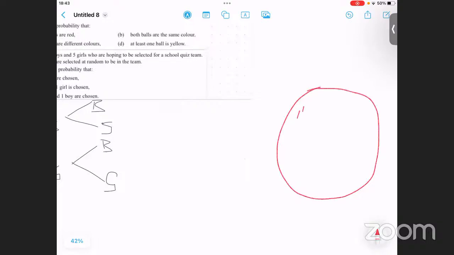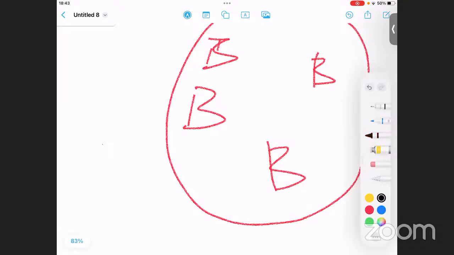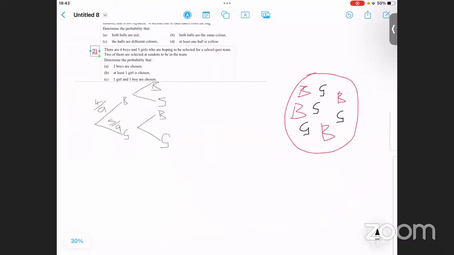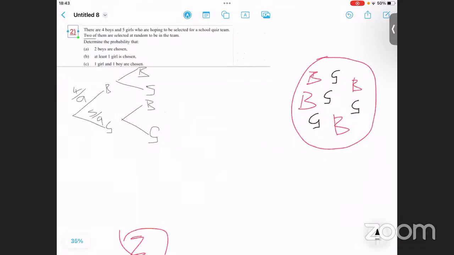You have a boy, boy, boy, and boy, okay? Let me use black for girls. So it's going to be girl, girl, girl, girl. This is what you can do to make things easier as well.